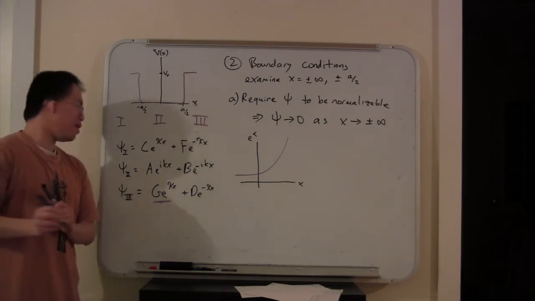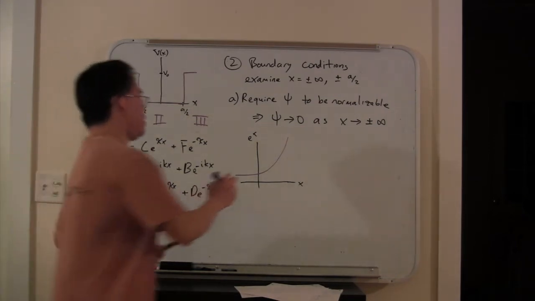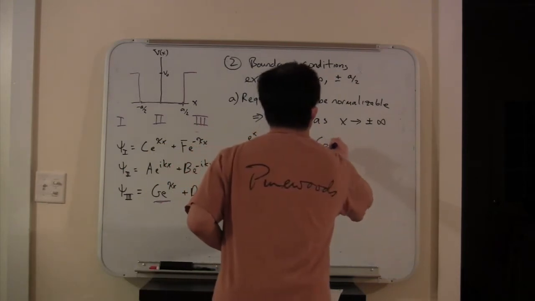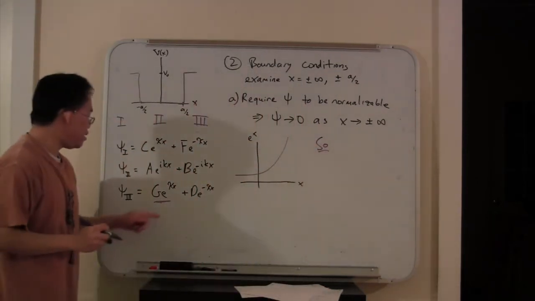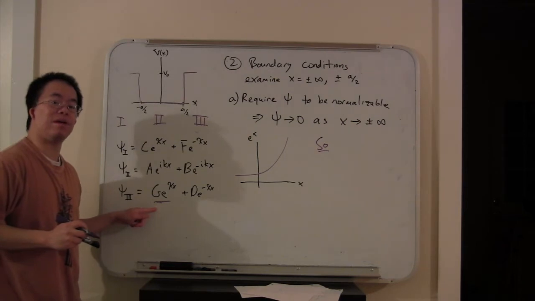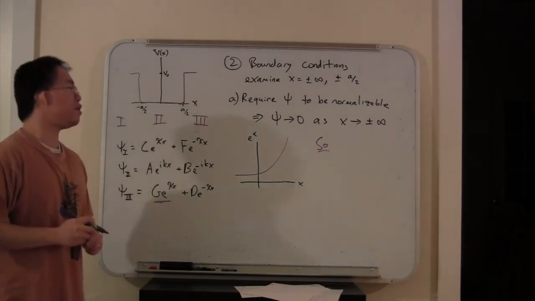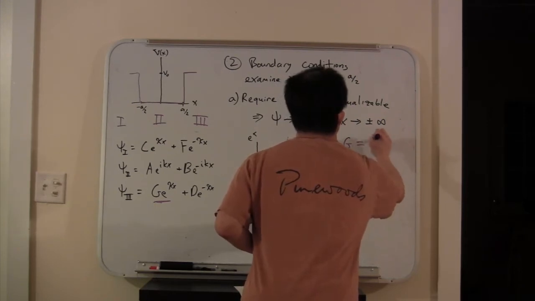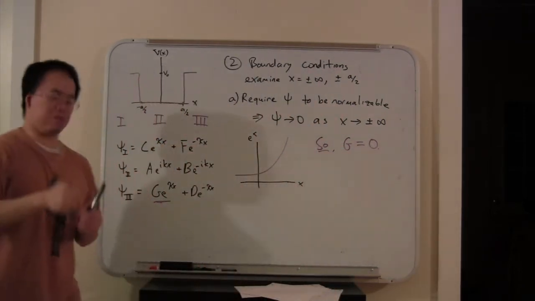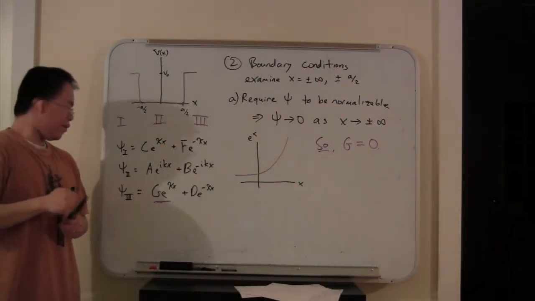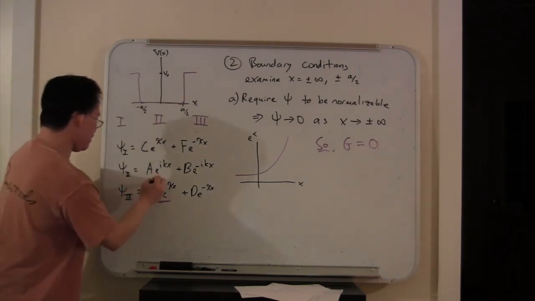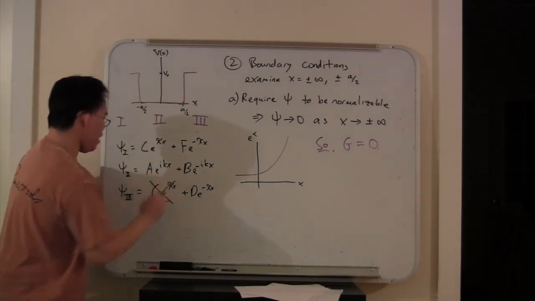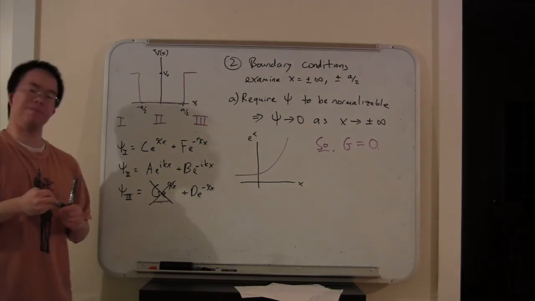There's only one way out of this. We simply require that this term be 0, or in other words, G equals 0.